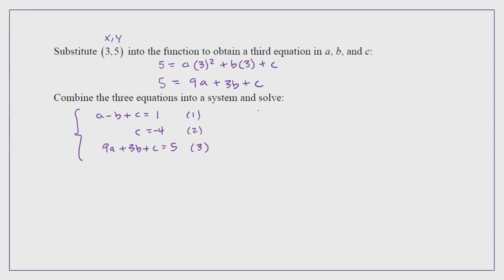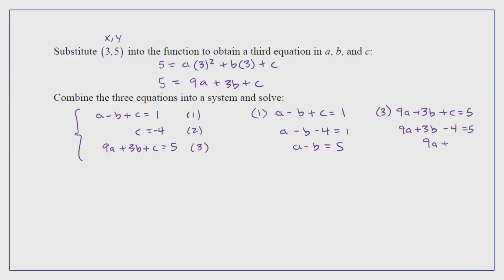Okay. So for equation 1, we have a minus b plus c equals 1. So we'll now have a minus b minus 4 equals 1. So a minus b equals 5. For equation 3, we have 9a plus 3b plus c equals 5. So 9a plus 3b minus 4 equals 5.